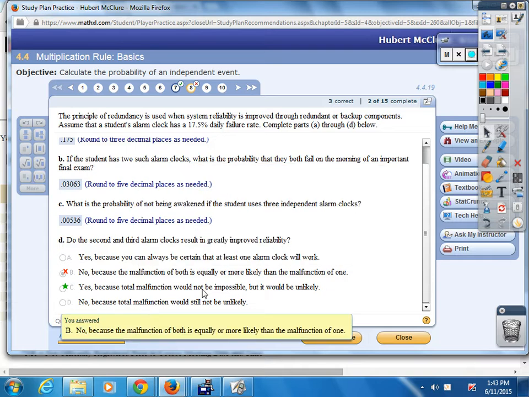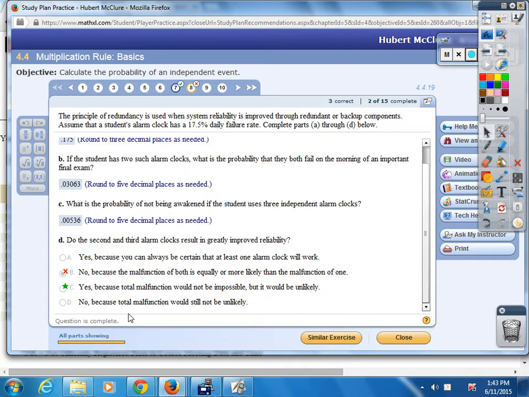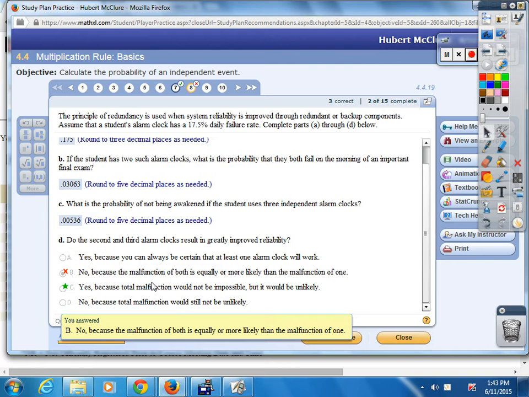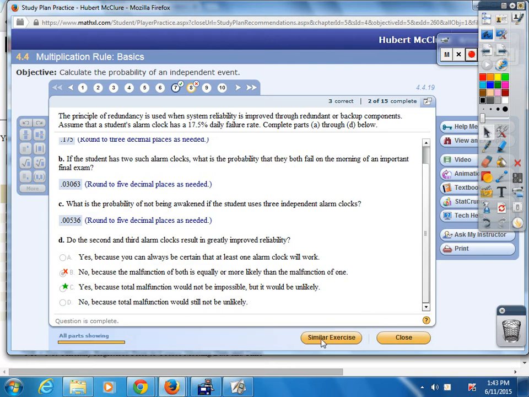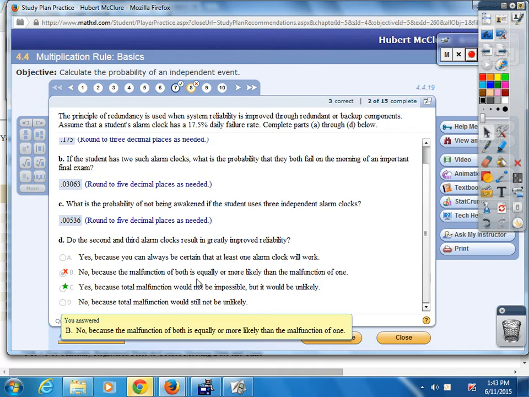If you can figure that out, tell me what that means, all right? Gosh, no wonder we gave this book up. All right, so I'm not going to hold you too much to that last one. But it says yes, because the total malfunction would not be impossible, but it would be unlikely.